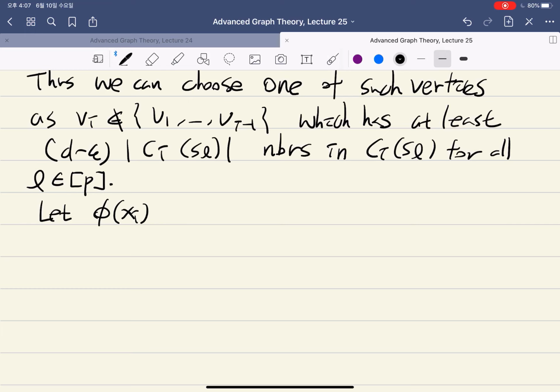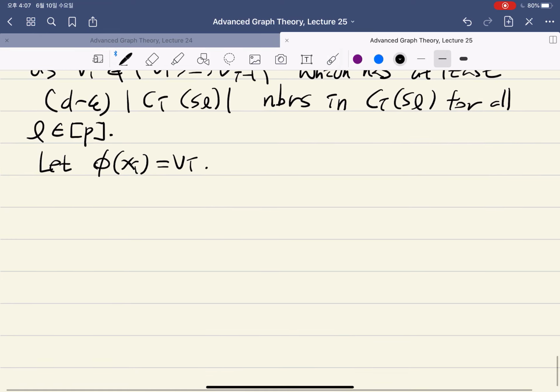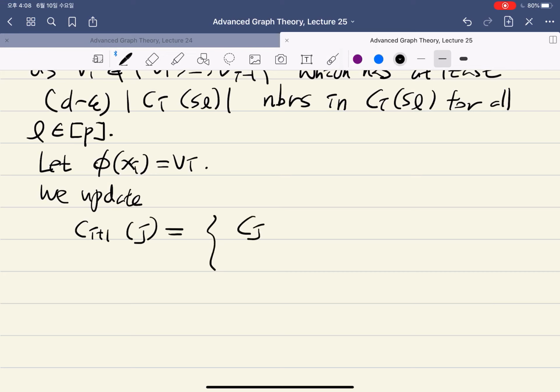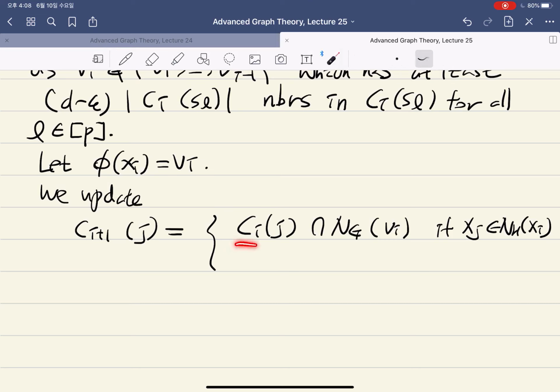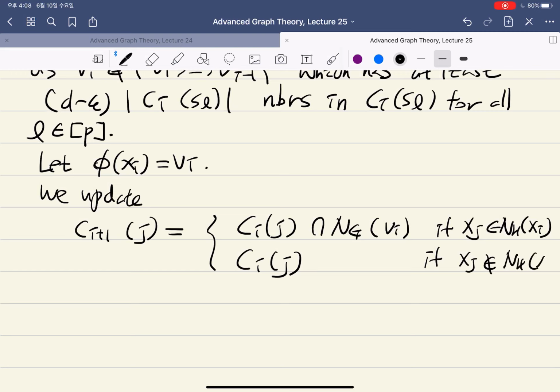Then we embed x_i into v_i, and we update the candidate sets. For all those vertices in A, we update it by shrinking, and the rest of them we just keep.